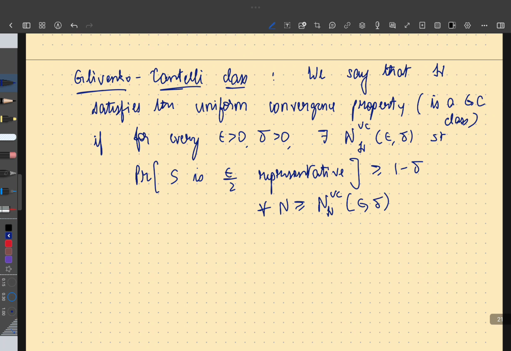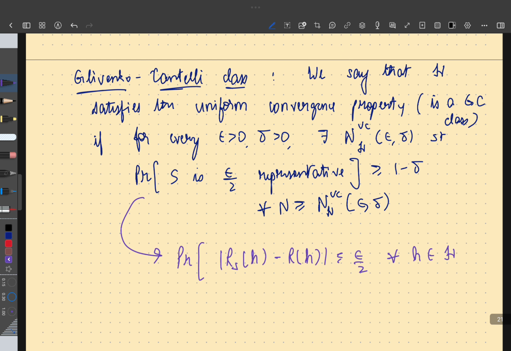So it basically says that, let's write this down explicitly. This is the probability that R_S of h minus R of h is less than or equal to epsilon by 2 for all h within the hypothesis class.